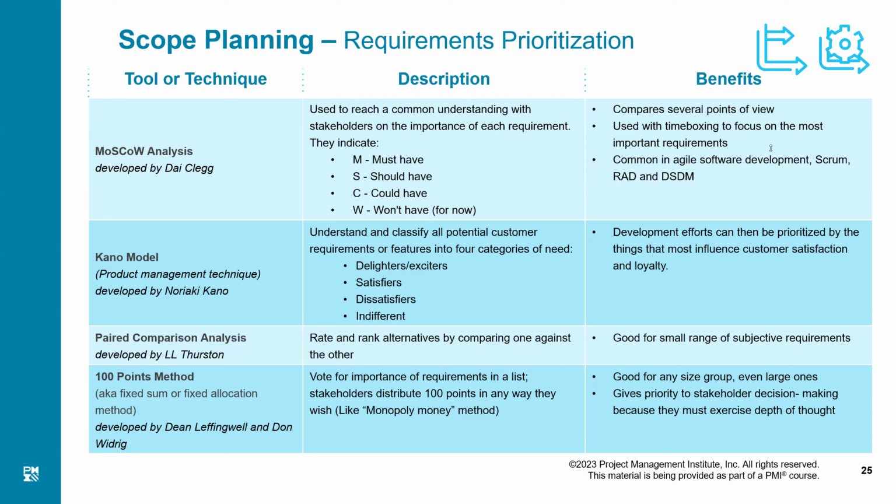which delight and excite them. Once we are done with all these delighters and exciters, then we will look at those requirements which are a source of satisfaction for the customer. Although they don't really make them very happy or delighted or excited, they would be satisfied if we do this category of work.